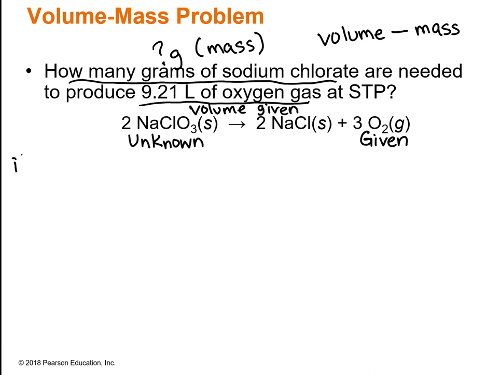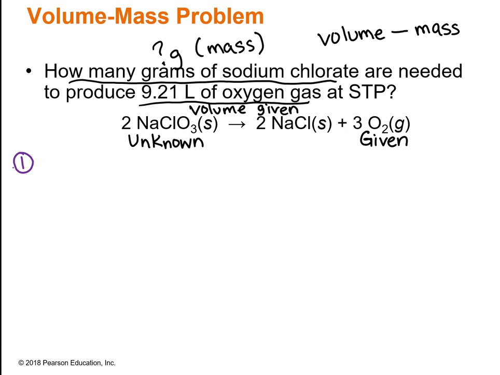The first step, which actually I'm going to try to be super fancy, and write this in the same colors as the last slide, only in reverse, so that they match. Okay? So when you see molar volume, it's going to be purple.